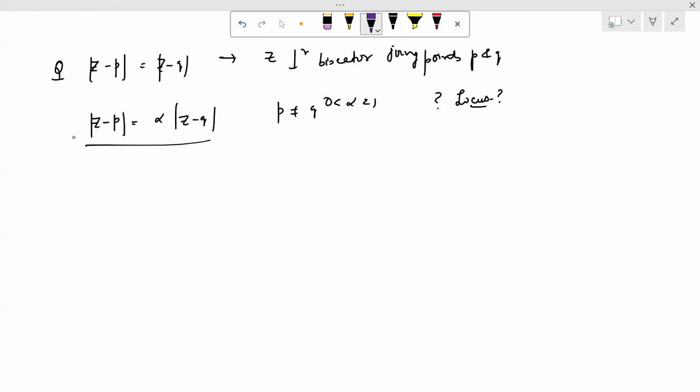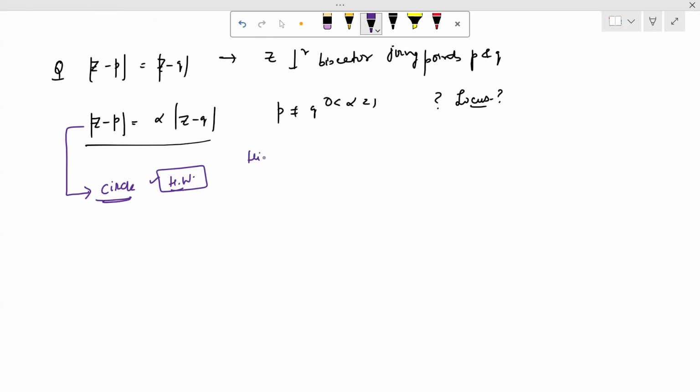Okay, so I'm leaving this as homework for you, and I'm giving you the answer. The answer would be a circle. So this is homework: try to solve this. The locus of the points which satisfy the equation modulus of Z minus P is equal to alpha times modulus of Z minus Q, such that P is not equal to Q and alpha lies between 0 and 1, is a circle.